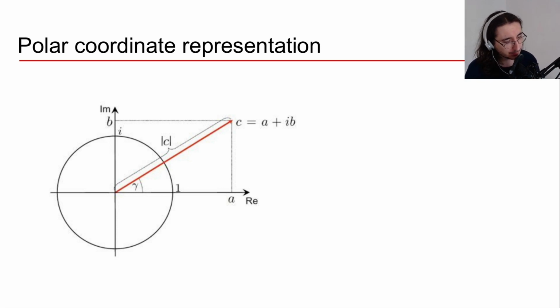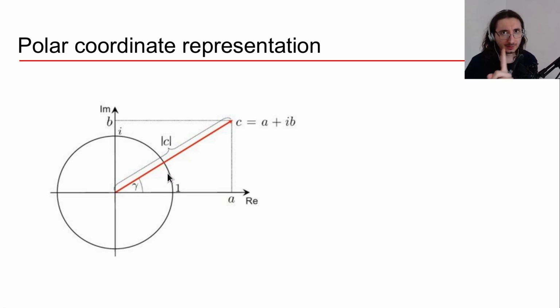For moving from the Cartesian coordinate representation to the polar representation, we need a couple of parameters. The first of which is the absolute value of c, which visually represents the distance of the complex number from the origin. Visually, you can see it as a red line here.